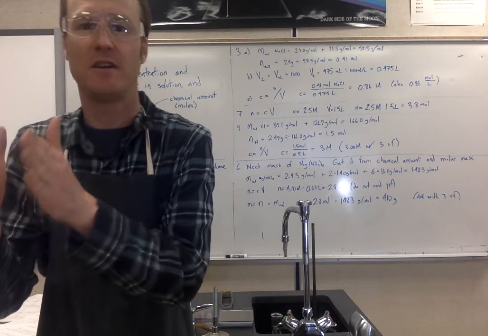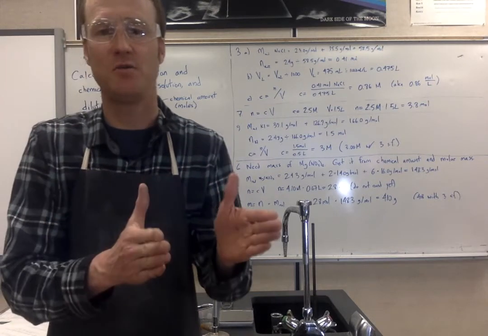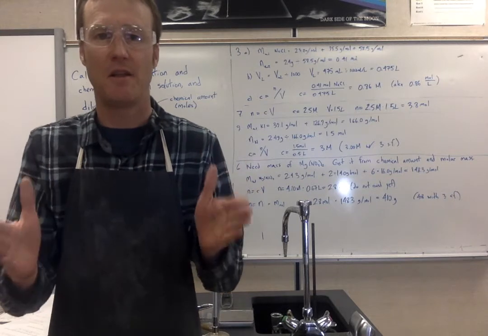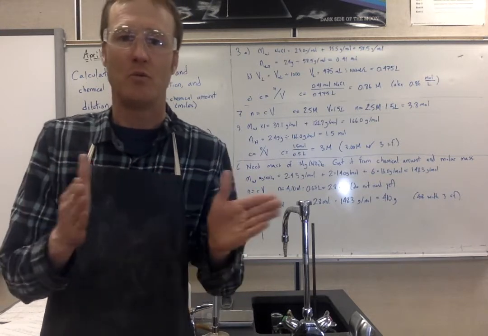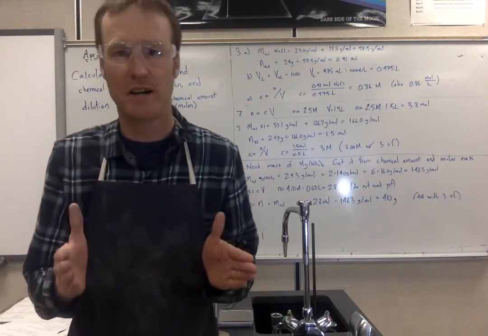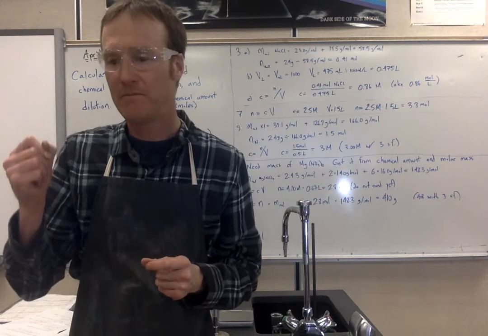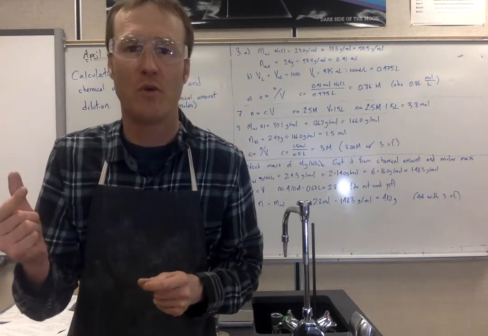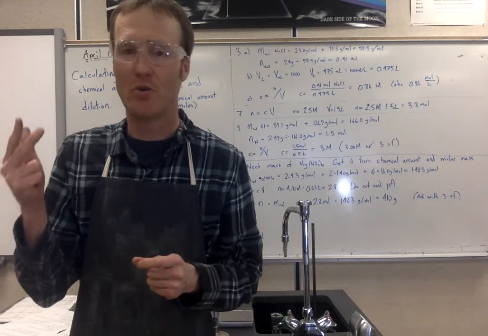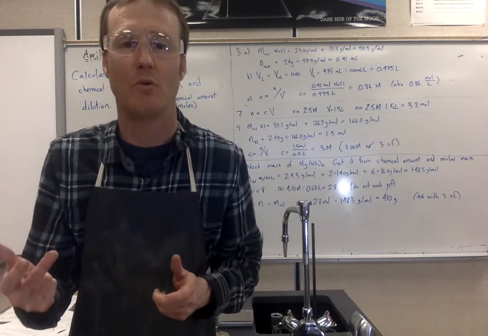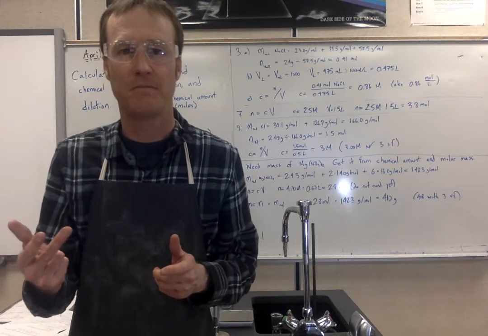C1V1 is the chemical amount you start with. C2V2 is the chemical amount you end with. They are equal, but we can use situations with dilution where, let's say we know C1, we know V1, and we know C2. What's the final volume?